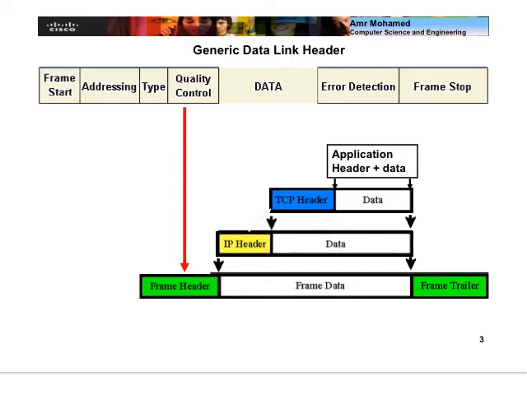The reason is that the error detection in the data link layer is quite complicated. It's not only based on checksum like TCP and UDP. No, it's quite more complicated than that. And in some cases, it includes error correction techniques as well, not only detection.